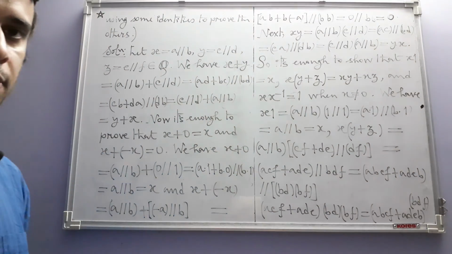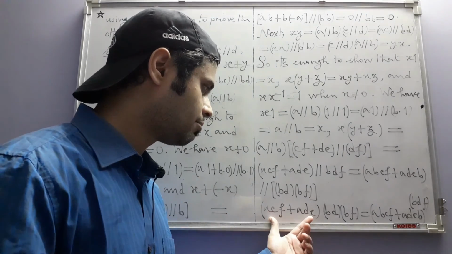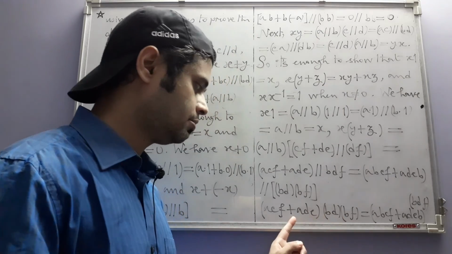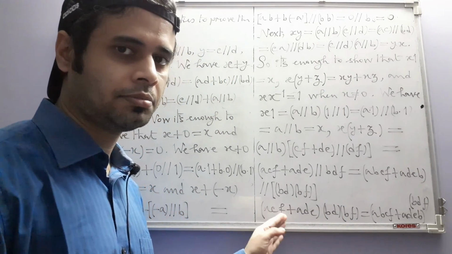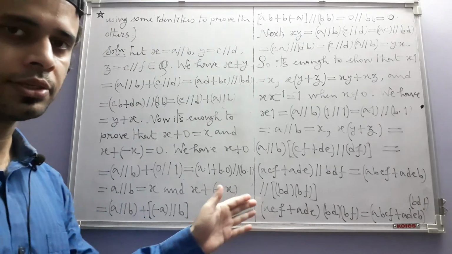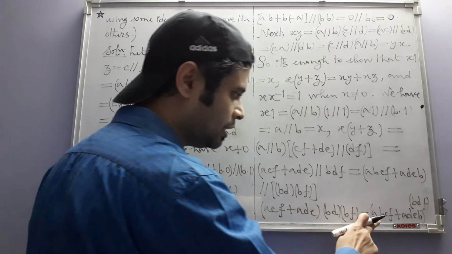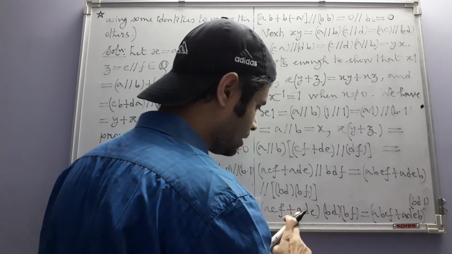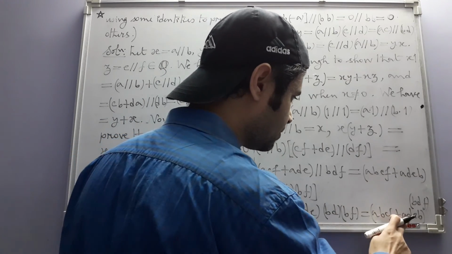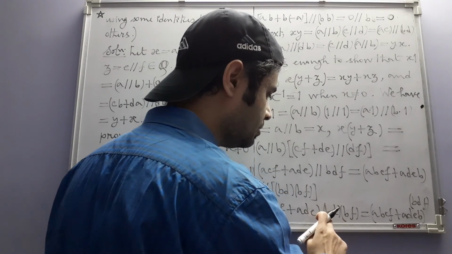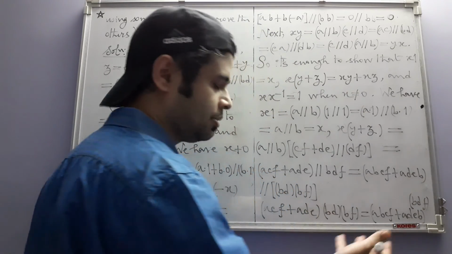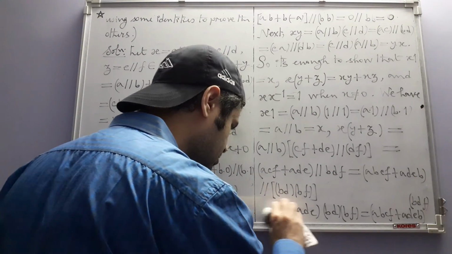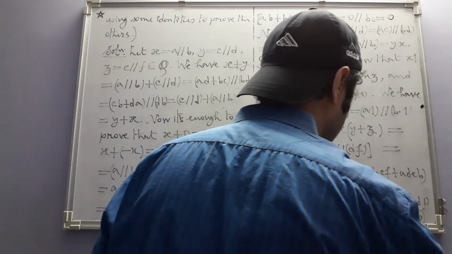And that in fact is true, because here you can multiply by b and apply the right distributive law that is available in the system of integers. Doing that will give you abcf plus adeb, and outside we will be left with dbf, that is bdf. So yes, this is justified, and that's why these two rational numbers are equal.